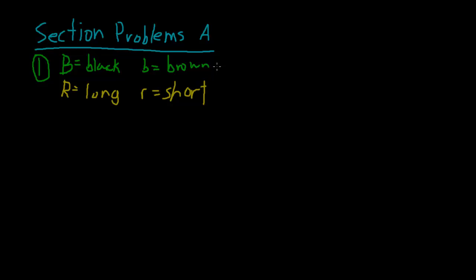A homozygous rabbit with long black fur is crossed with a rabbit with short brown fur. So let's figure this out. Homozygous, we know, means it has two of the same allele. So parent 1 is homozygous for long black fur. So long and black means big B, big R, right? Homozygous.